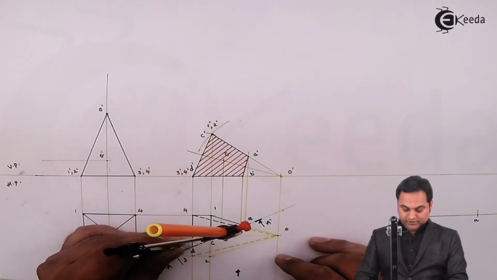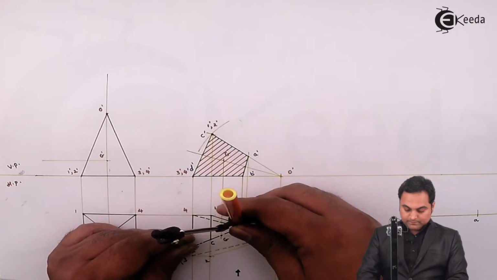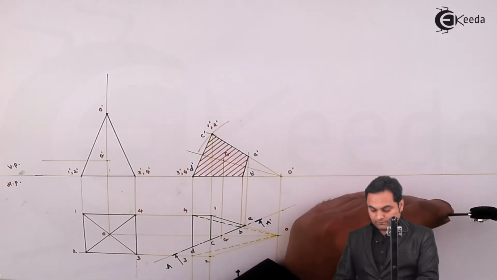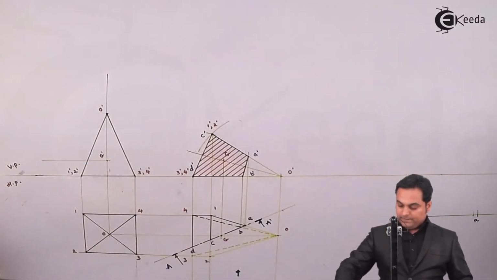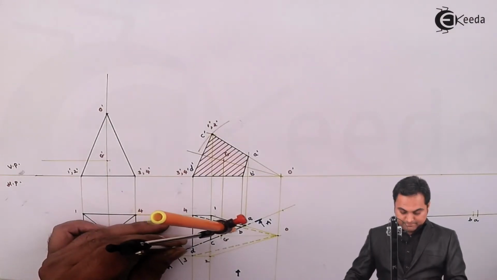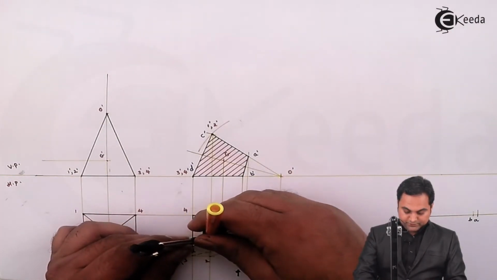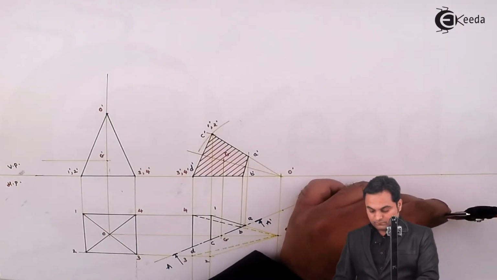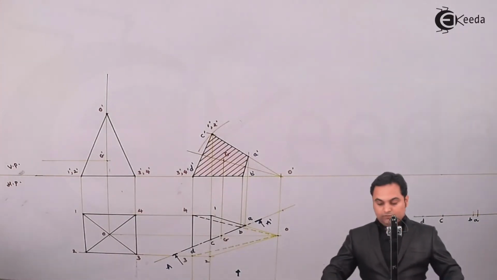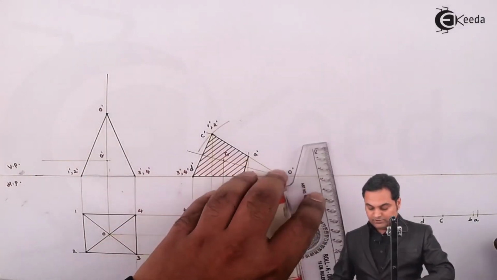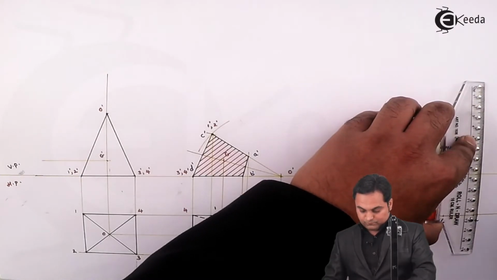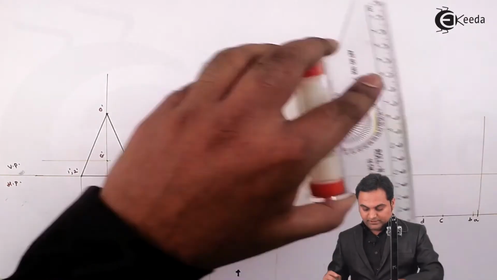Next we need to plot the other points, up to B, point B, then C, so measuring from D to C. Now for the true shape, first I'll be projecting point A upwards with a light line.